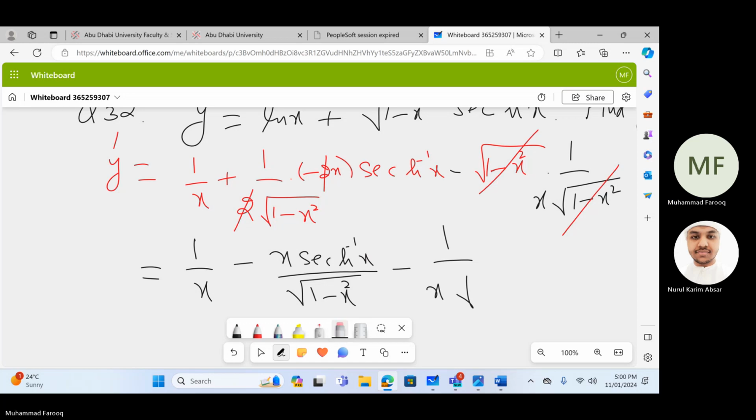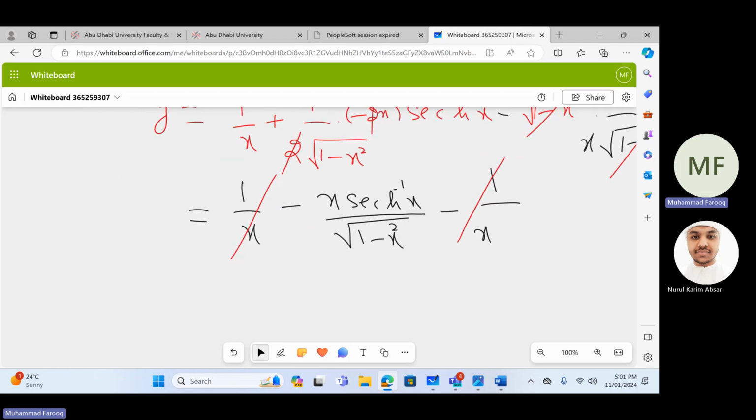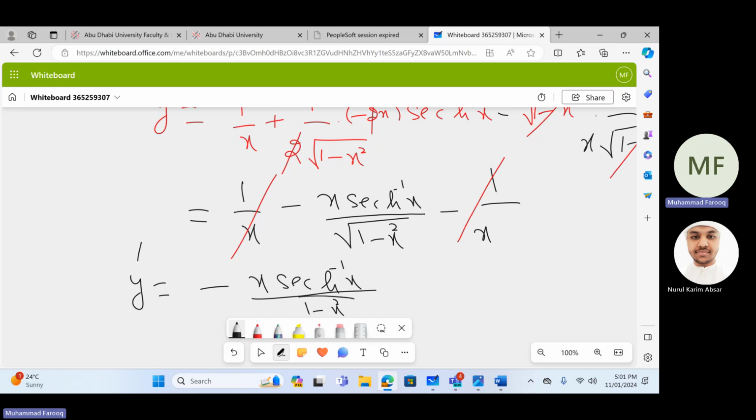Sorry, so only 1 by x, am I right? So y prime is negative x secant inverse hyperbolic x, divided by the square root of 1 minus x squared. I hope you understand. Any problem?